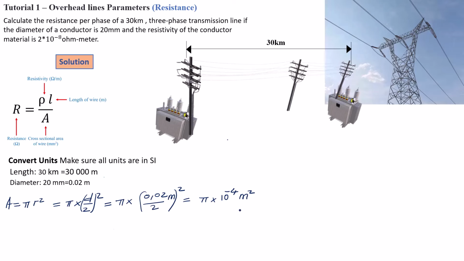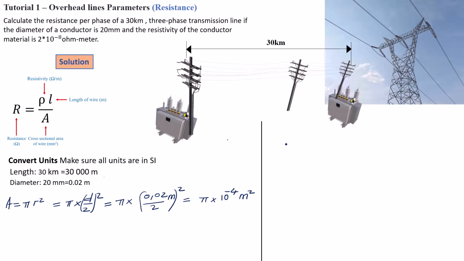So now you've got the area of the conductor, you've got the length, you've got the resistivity of the material. So now you can just go ahead and plug in the parameters and you're going to find the resistance of the particular conductor. Now remember, the resistance is given in ohms, so you have to ensure that you cancel all the other SI units that do not belong to the final answer.